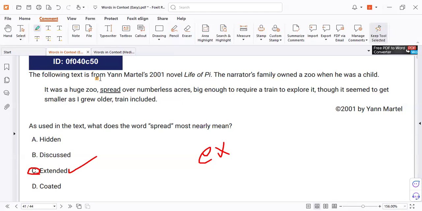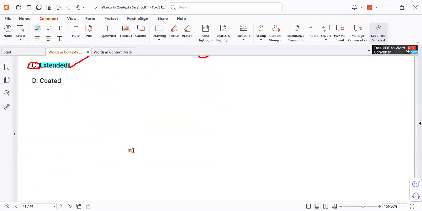Do you remember the appositive phrase? The appositive phrase describes the zoo. What is described about the zoo? Hidden, discussed. So we discuss the zoo. Quoted, kept the zoo. How? But extended. So follow the structure of grammar to help you.